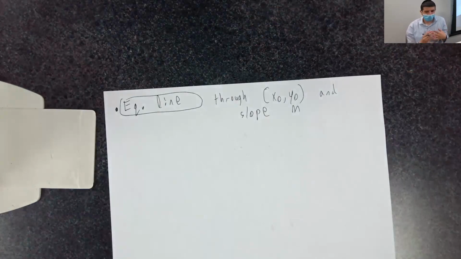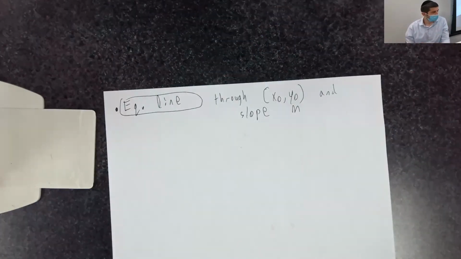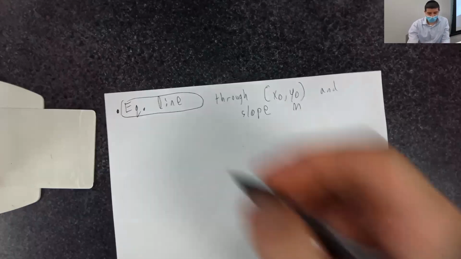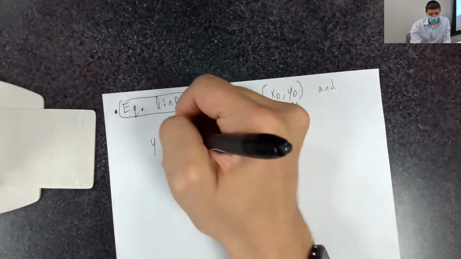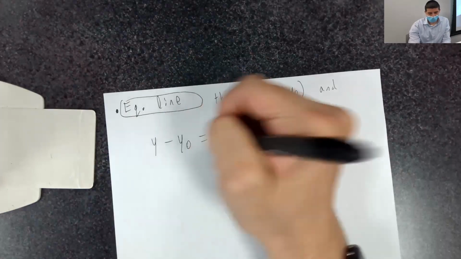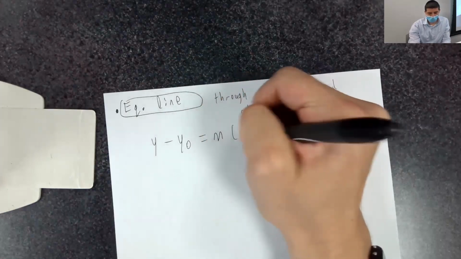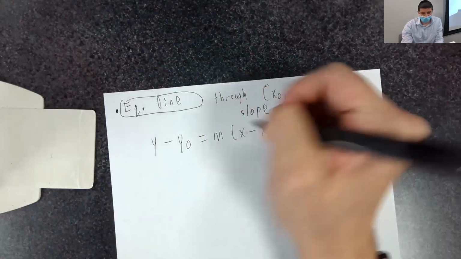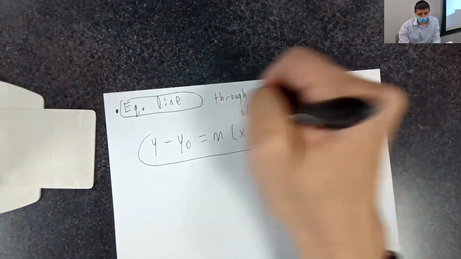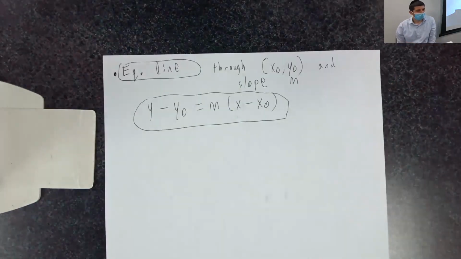Once you have a slope and a point, you're just going to use this formula over and over again. So y minus y0 is equal to m times x minus x0. Right, this is the point slope form. Okay, you could get any equation of a line just with that formula. Right, so you just need to make sure you get the slope and you get a point.